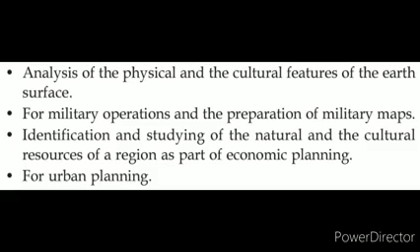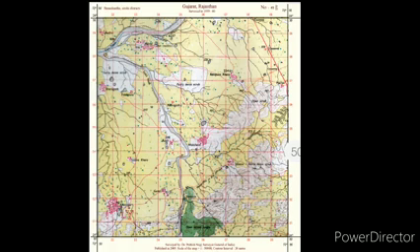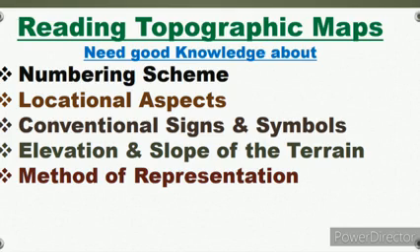Look at the screen that gives the uses of topographic maps. Read it carefully. If we want to get to the details of a topo sheet, we should know the importance of its number, locational aspects, the conventional signs and symbols used there, then slope of the terrain, etc.